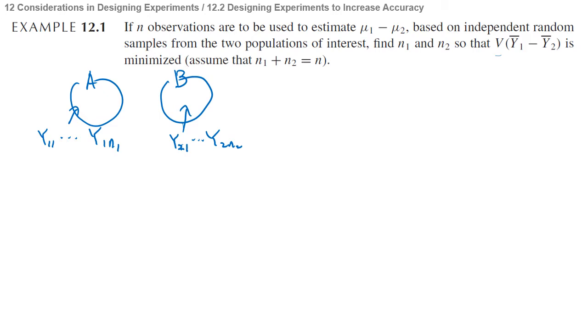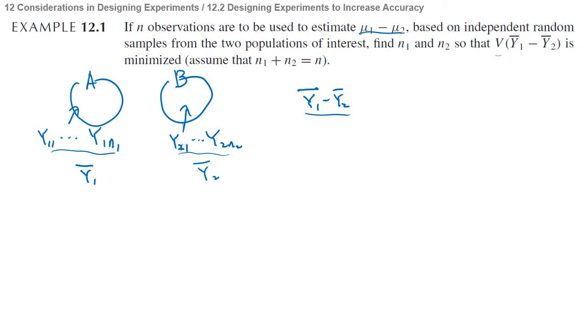To estimate the population means, we would use y1 bar, which is the mean of these samples, and also y2 bar, which is the mean of these samples. When we are doing inference about the population difference, the statistic that we use is y1 bar minus y2 bar. And we would like to minimize the variance of this statistic.